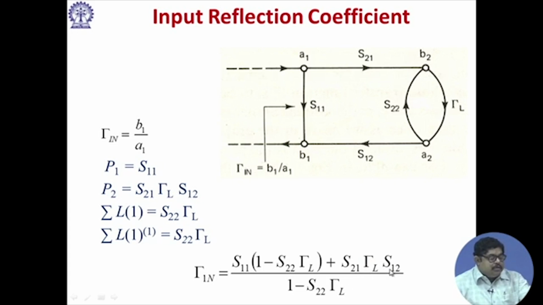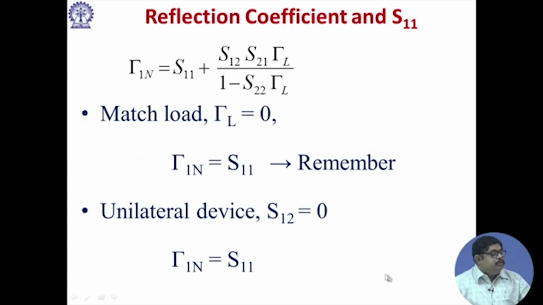So, you can put the values now, and this is the well known value. You see how simply we got it. In the actual S parameter treatment we derived that, but that requires some manipulation, whereas here we directly got this value.